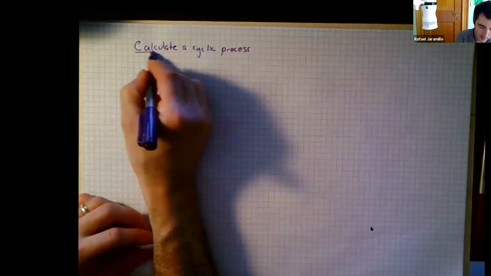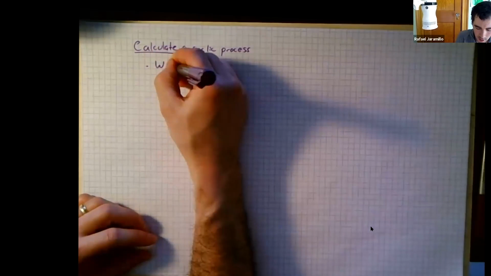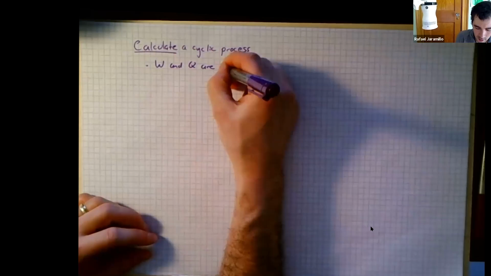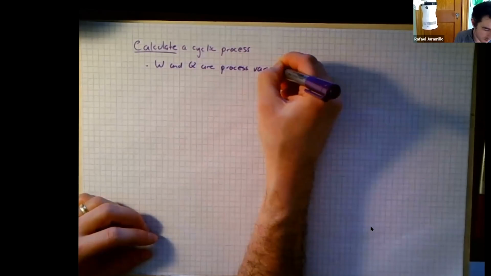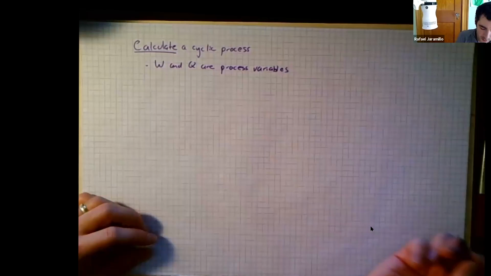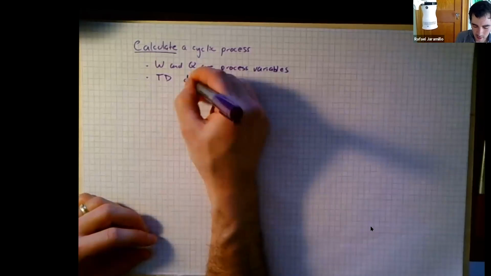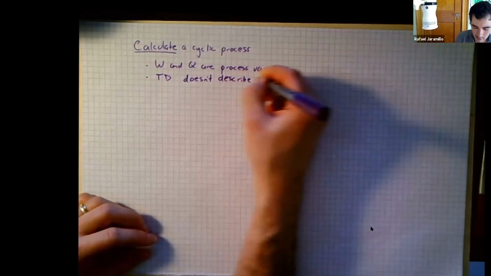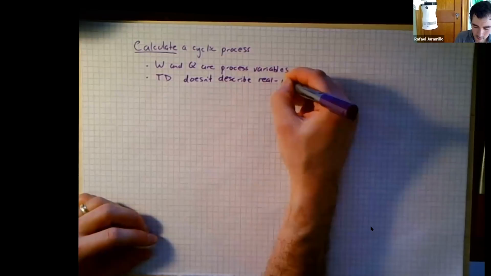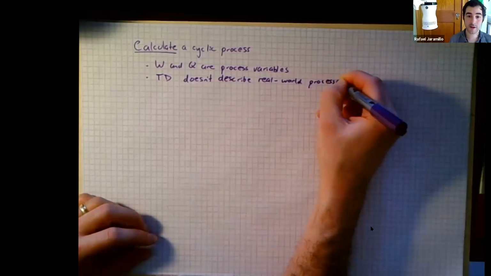Okay. Work and heat are process variables. Right. Thermodynamics doesn't describe real world processes.